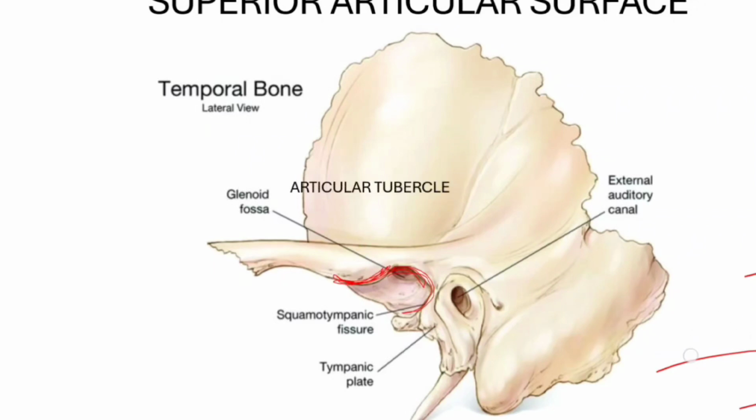So this is the articular tubercle and this area is the mandibular fossa. And what is this suture? So it is the squamotympanic suture or fissure.